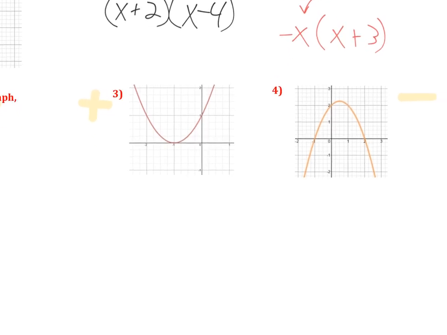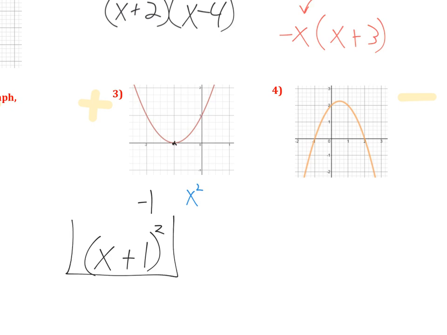Number 3. Right here we have an x-intercept at -1, and that's the only time that happens. So as a factor, that would be x plus 1. But by definition of a quadratic function, I need to have 2 factors, right, to develop an x squared. So I'll just throw a squared there.